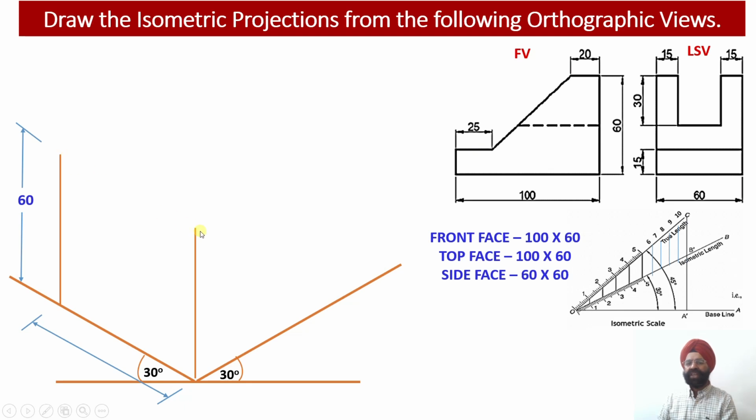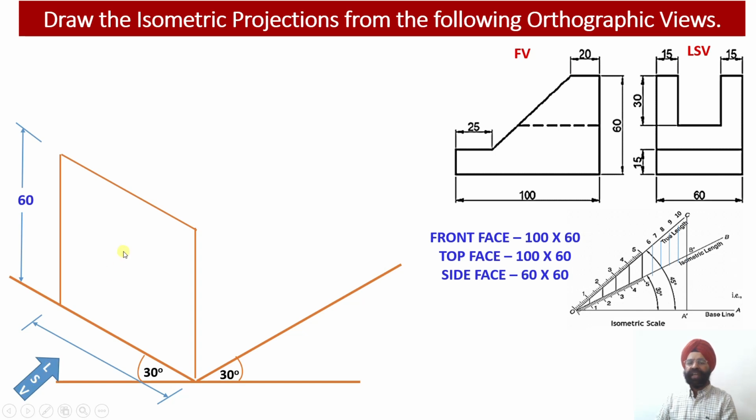This is the construction of the square side face, 60 by 60. Along the y-axis 60 millimeter we have marked, along the x-axis 60 millimeter we have marked, and then these two isometric edges have been drawn to complete the construction of the square face corresponding to the left side view of this particular solid.